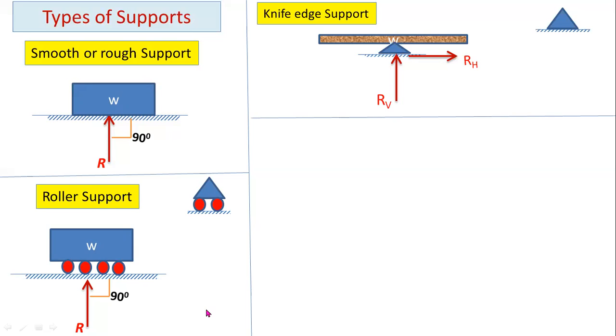A beam supported on the knife edges is shown in figure. The reaction forces in case of knife edge support will be normal to the surface of the beam. The reaction force with the free body diagram of the beam is shown in figure.